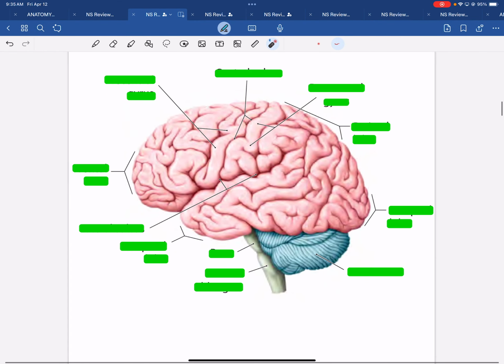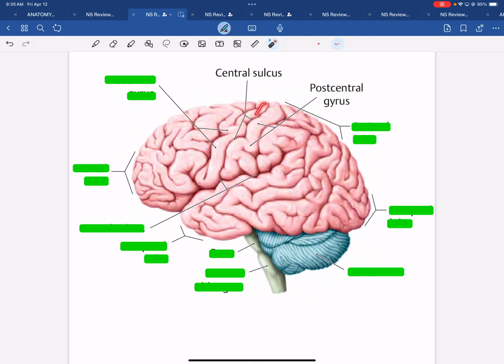Here, we did some of these last time. Let's just do it again and identify. So what is this space? Good, the central sulcus, right? Because the sulci are the grooves, and then the gyri are the hills, the mountains. Okay, what is this gyrus? Good, the postcentral gyrus.